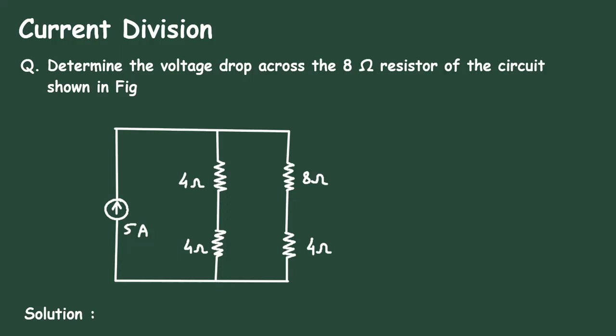Next I2. So I2 is equal to V divided by R2. The value of voltage V is again 10 divided by resistance R2.